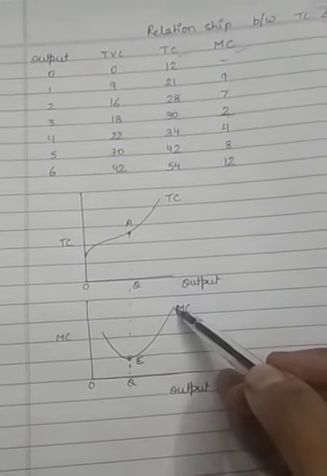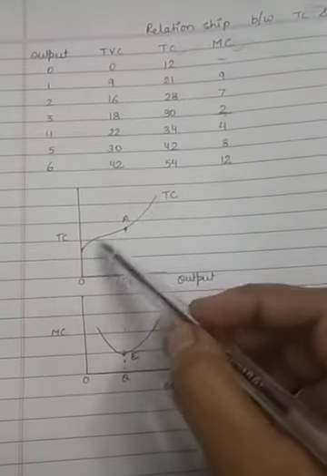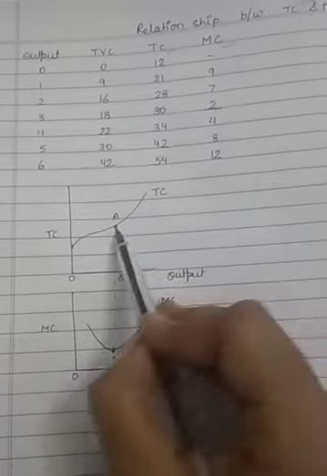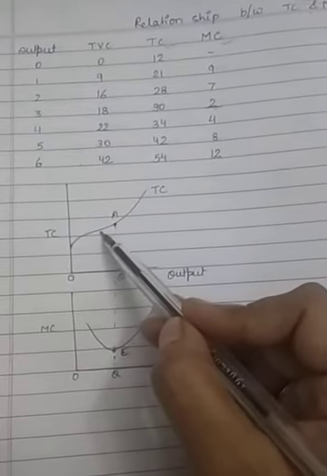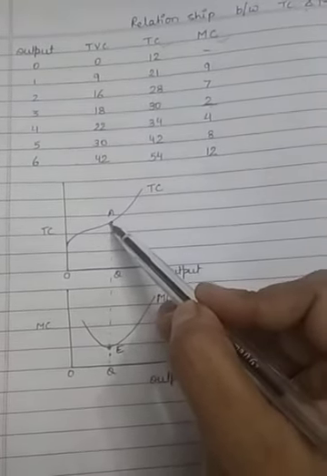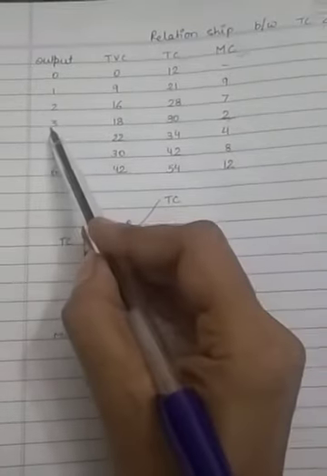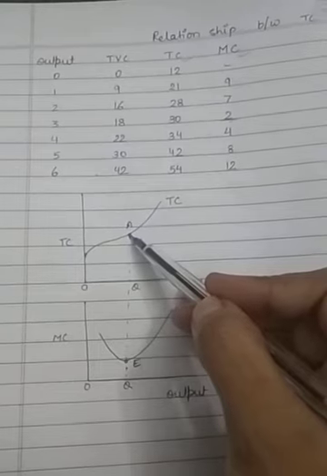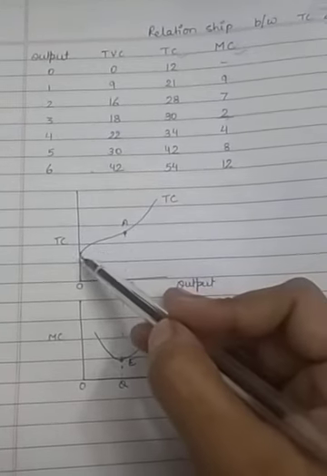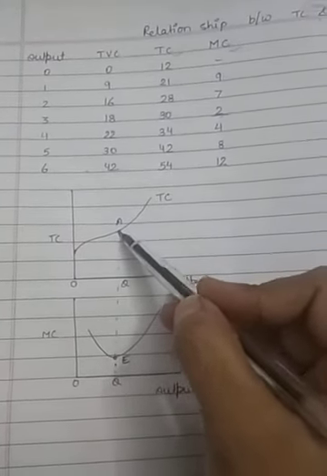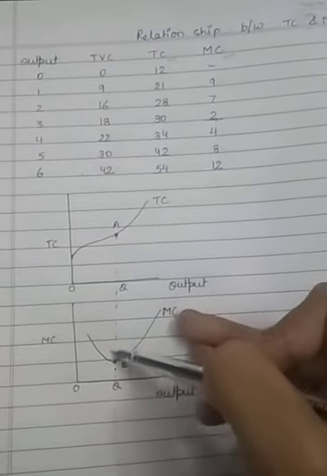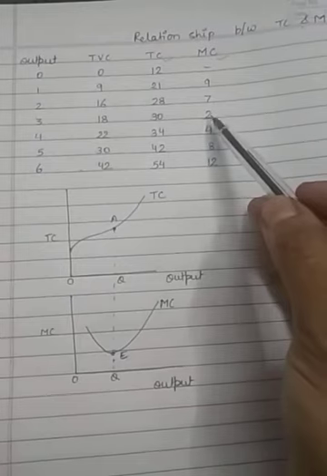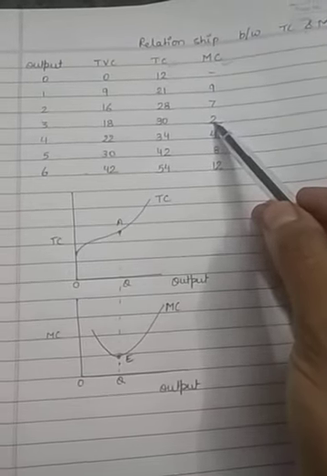Third relationship, when the rate of increase in TC stops diminishing, that is point A. TC is increasing but at the diminishing rate, that means at the output of 3 units, till point A. So when the rate of increase in TC stops diminishing, MC is at its minimum point. In the table also you can see MC is at its minimum point, that is 2.